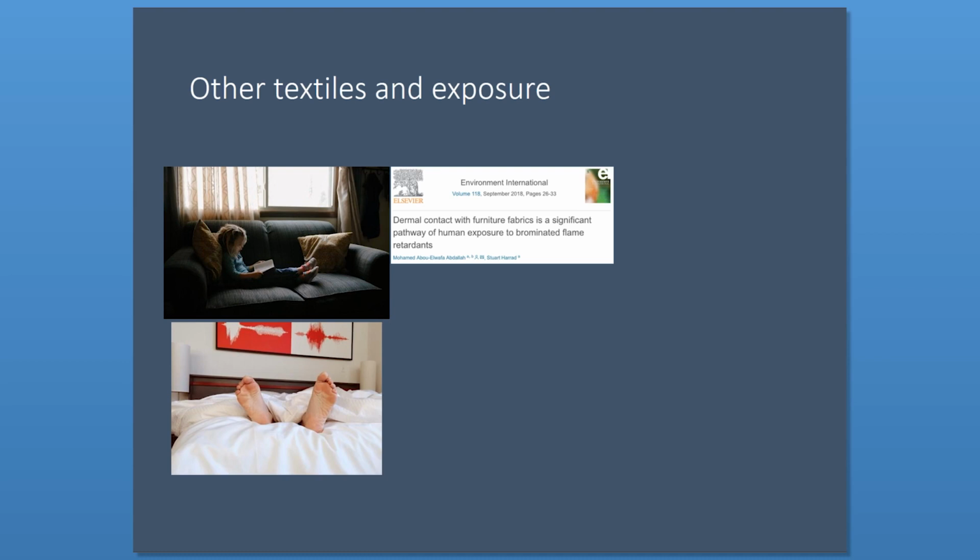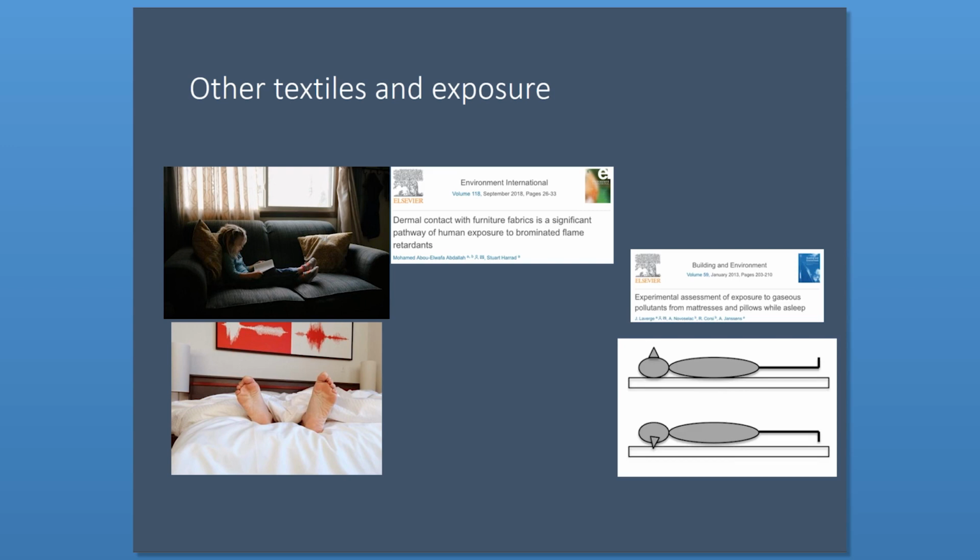We do know that there's not that much difference between clothing and bedding, right? The bedding basically acts like clothing when you're asleep, so anything that's in bedding is also going to be in you. There's also evidence that when you're sleeping, your exposure to the environment of that sleep zone is much, much greater.